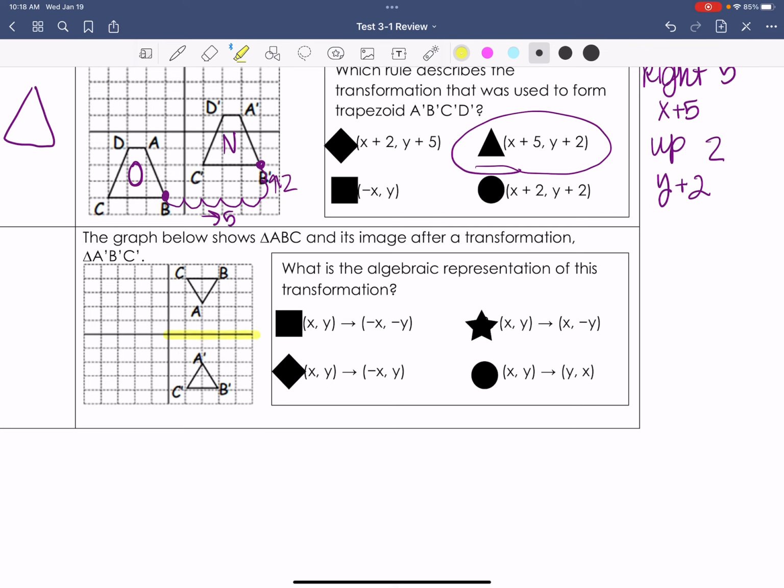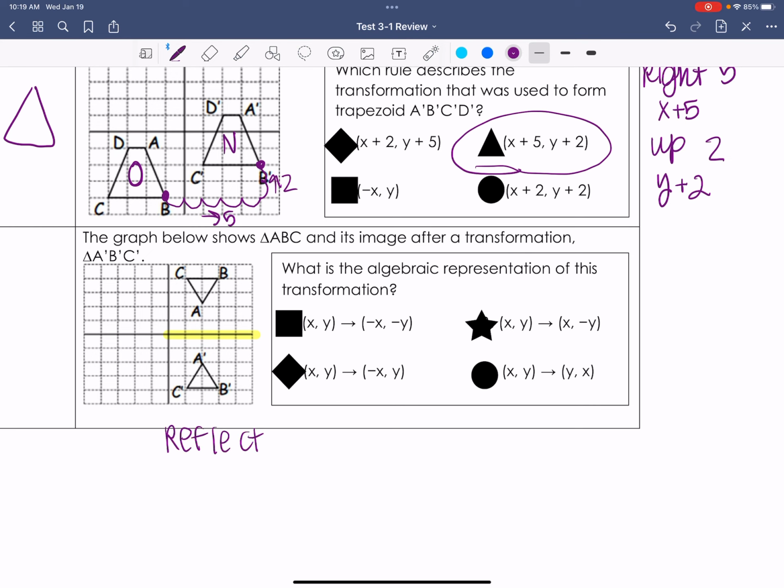I can notice that it is a reflection because every single point is the same distance away from my line of reflection. So looking at A, it's 1, 2 above, A prime is 2 below. Looking at B, it's 1, 2, 3, 4 above, so it's 1, 2, 3, 4 below. Looking at C, it's 1, 2, 3, 4 above, so it's 1, 2, 3, 4 below. So this is a reflection over the x-axis.